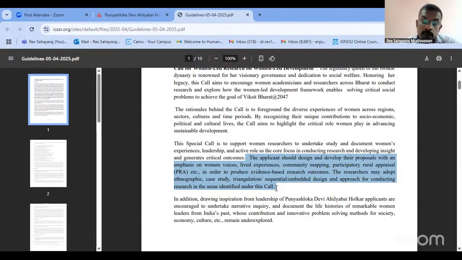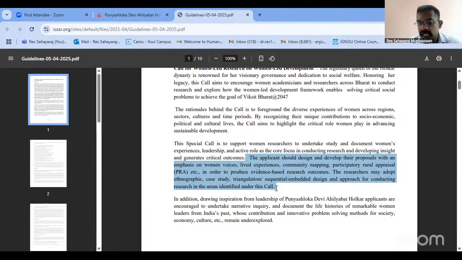So the research proposal should contain the methodology, right? What method you are going to use, what your objectives are, what your sample is and how you are going to arrive at that sample, everything needs to be clearly mentioned when you are writing the proposal.